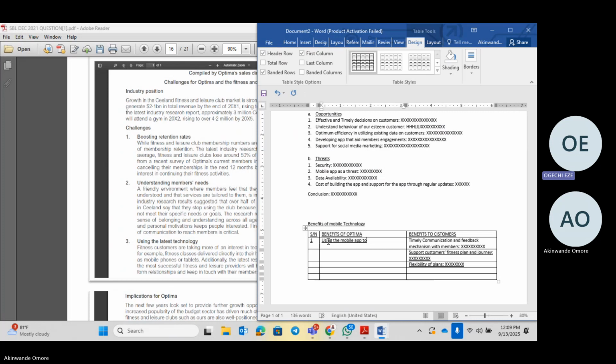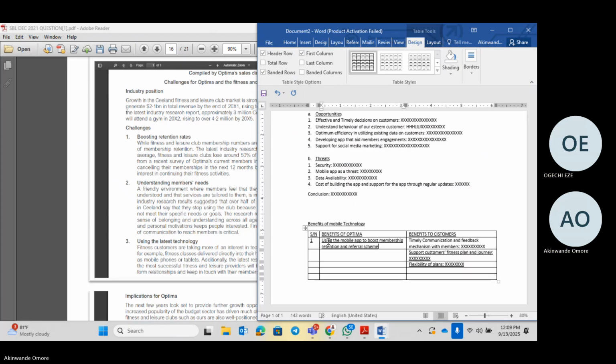To boost membership retention, and something I call a referral scheme.